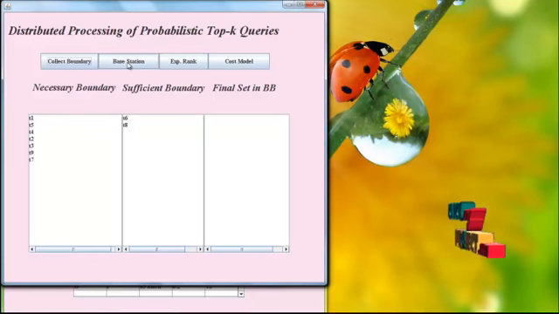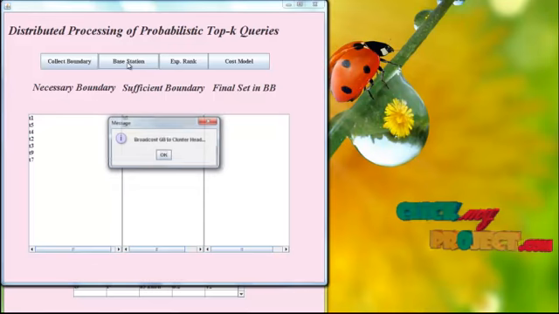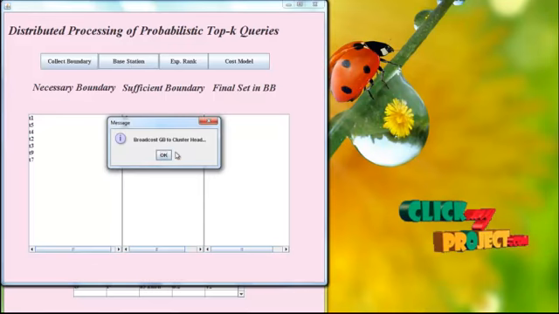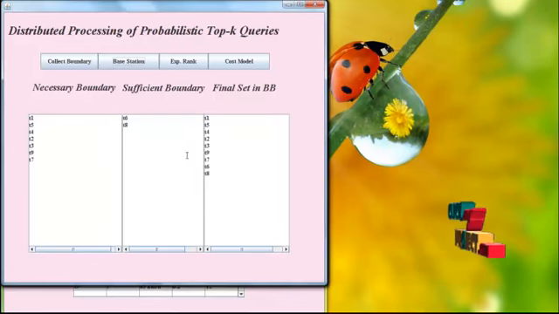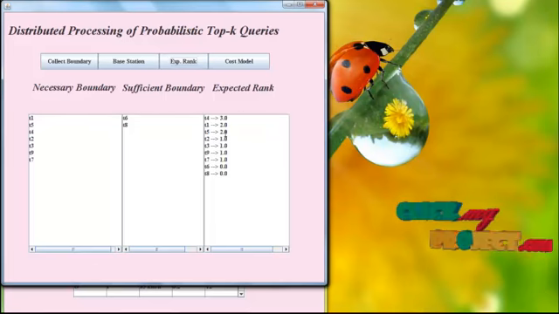Then we calculate at the base station, which is broadcast to the cluster heads, the number of necessary boundary and sufficient boundary. After that we put in the expected ranking. These orders will be changed. After calculating the expected ranking, top-k results are presented.